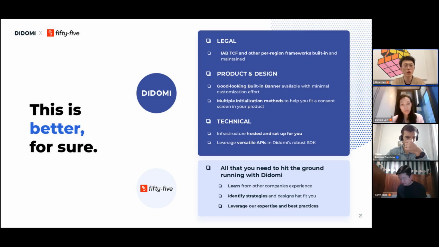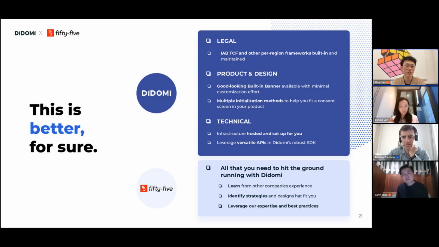So what you can do is choose a CMP platform such as Didomi to help you get started on a lot of different aspects. On the legal side, you have experts on the Didomi side that have IAB TCF and other frameworks set up already within the product for you, and it's also maintained and kept up to date.